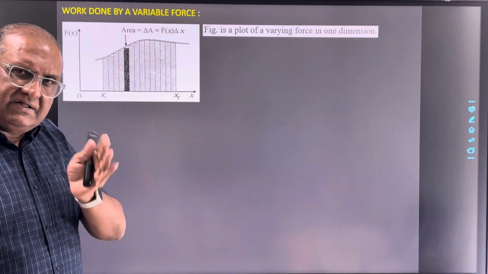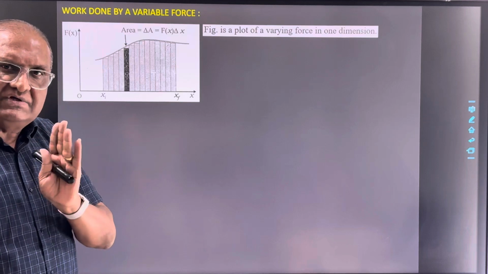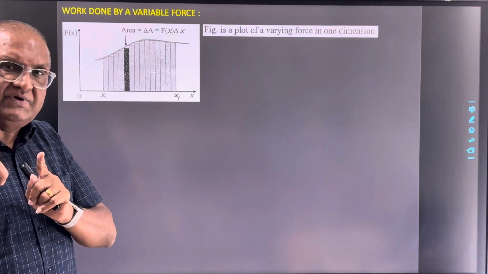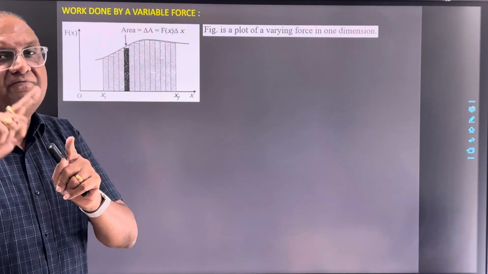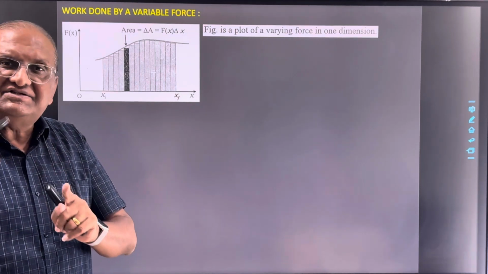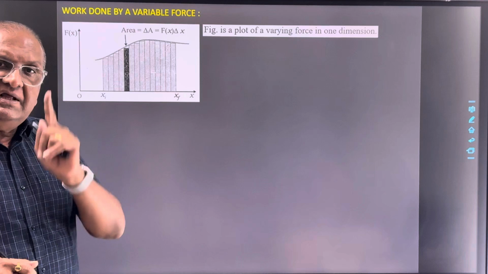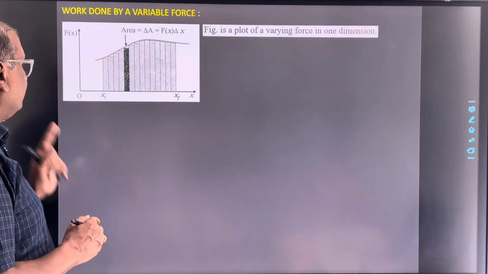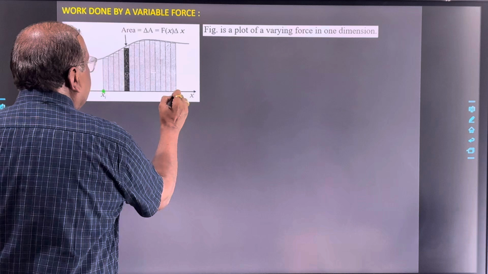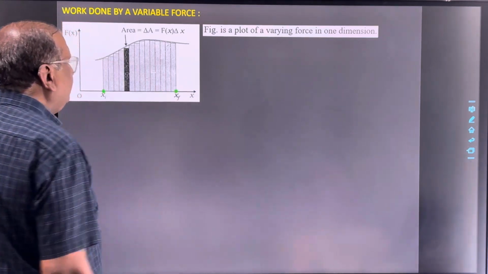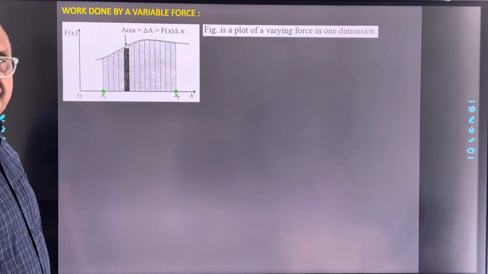And suppose under the effect of this variable force, this force is a function of displacement. As displacement of the particle changes, the force acting on it is changing. So under the effect of this variable force, suppose the particle moves from initial position xi to final position xf.